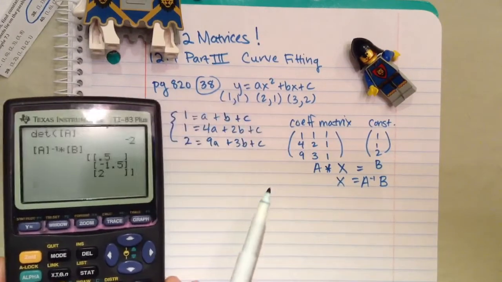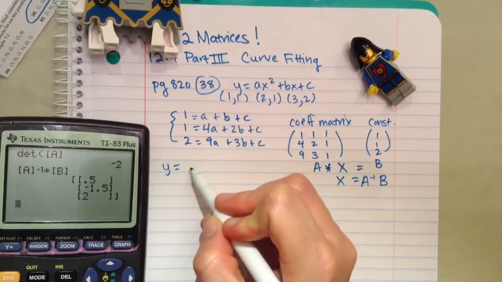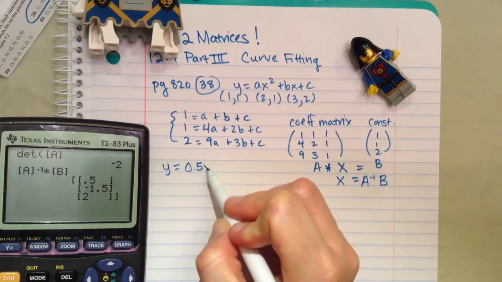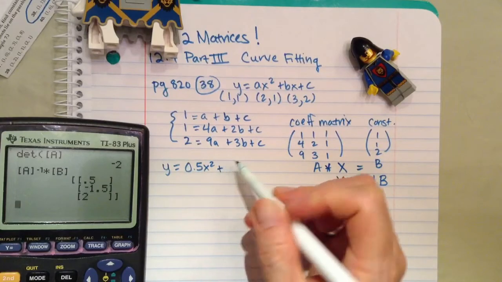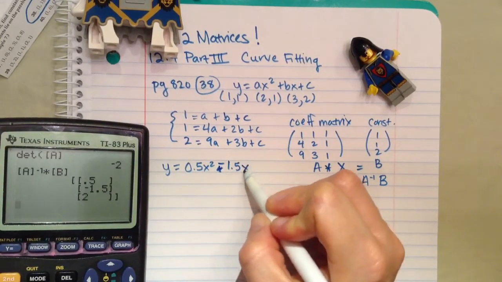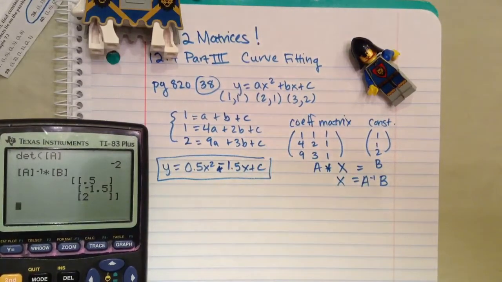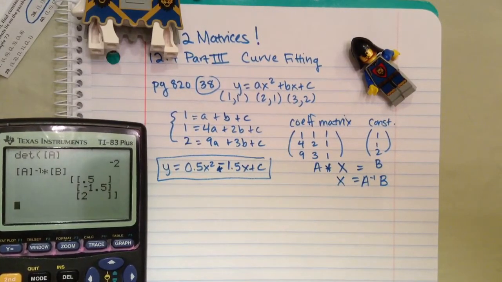So those are our a, b, and c. So our equation is going to be 0.5x squared minus 1.5x plus 2. And there is our equation of the parabola that goes through those 3 points.